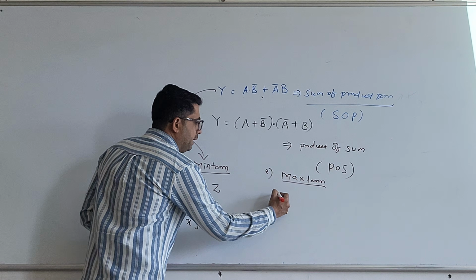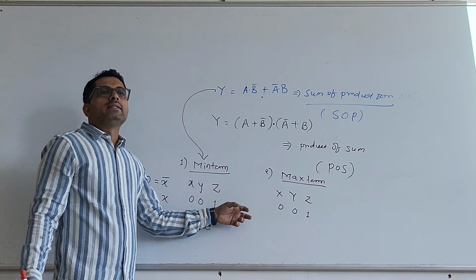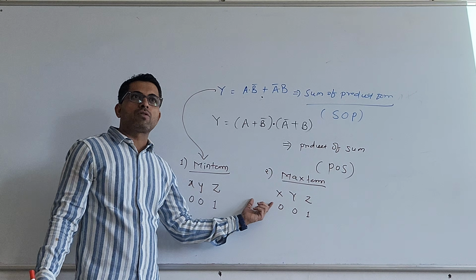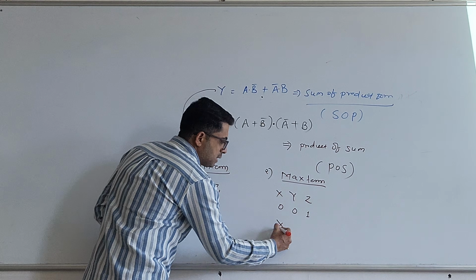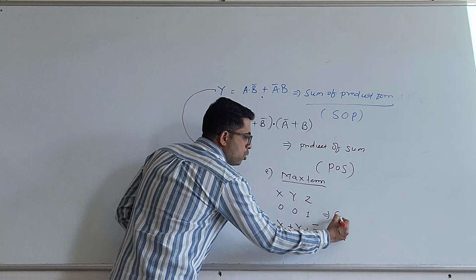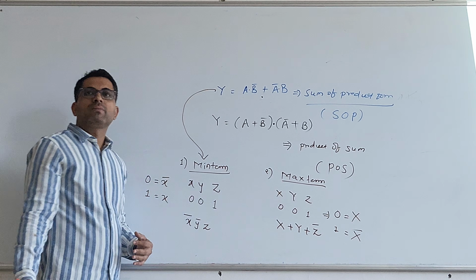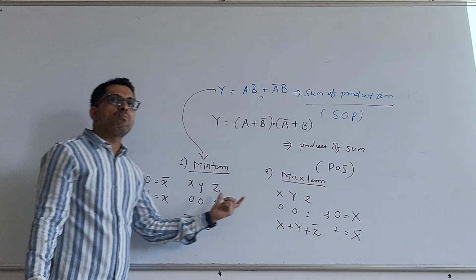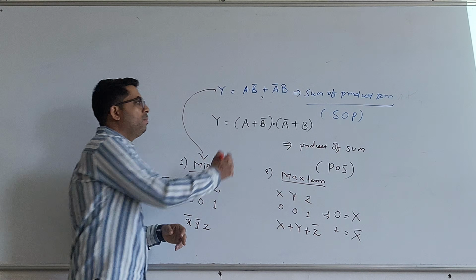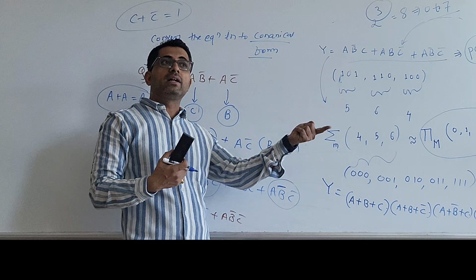For x, y, z with 0, 0, 1, the max term is x plus y plus z bar. Whenever there is a 0 in the max term, write it as it is, and if there is a 1, complement the variable. Understood what the min term and max term are, which are very important for representing the two types of equations, sum of product form and product of sum. What is SOP to POS, how to convert standard form to canonical form.